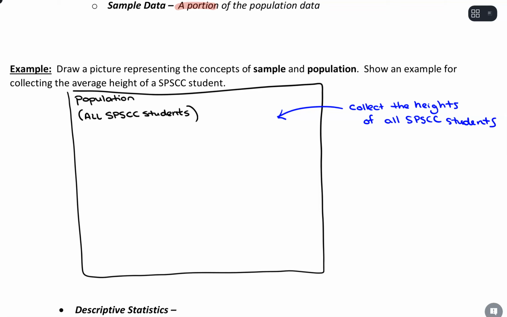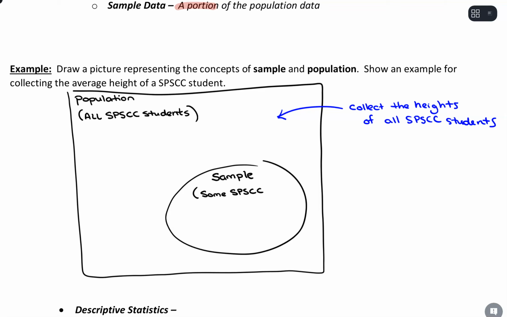If it's a sample, where I have this big box representing the population, the sample is just a smaller portion of this box. I'm going to draw this little circle within the box. The key is that it is inside the box, because this is part of the population. We wouldn't want to grab anyone from outside of this population. This would be our sample, and it would just be some SPSCC students.